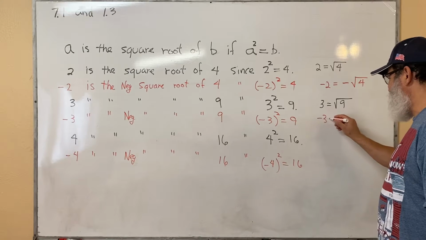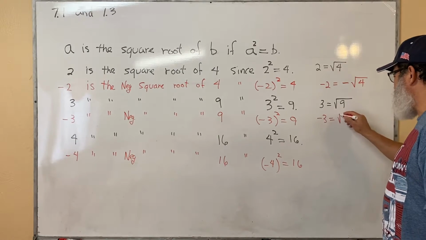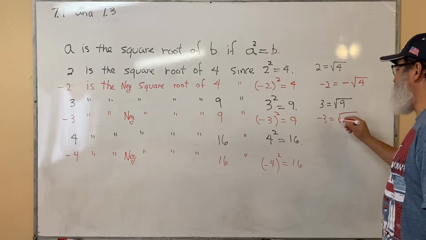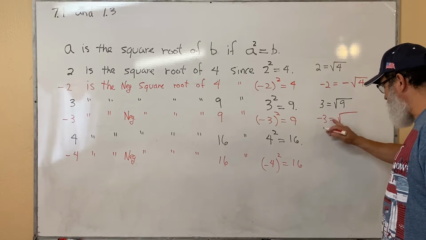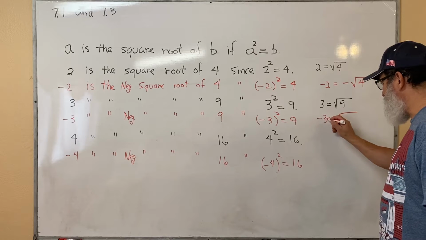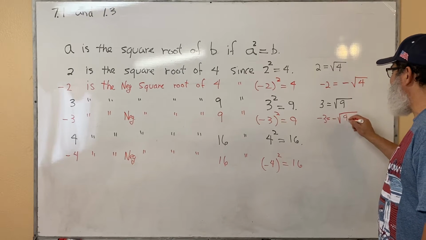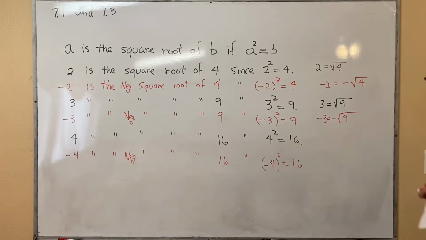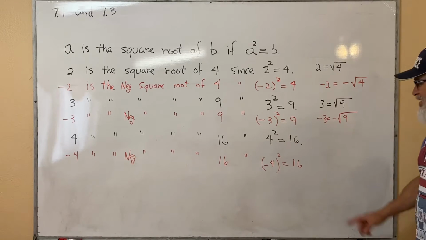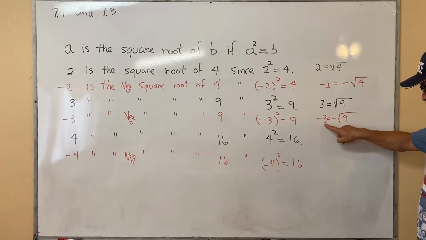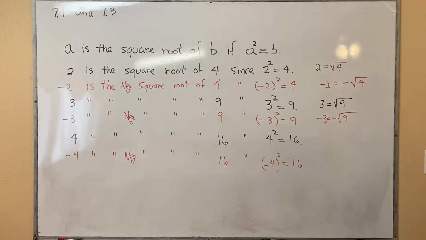Negative 3 is the negative square root of 9. Yep. Why? Because when you square negative 3, you get this.